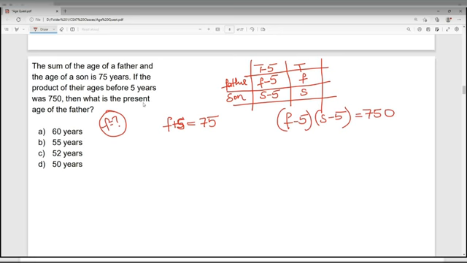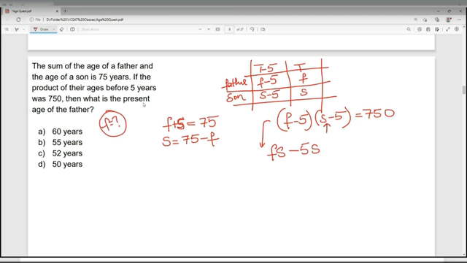So what we can do is, instead of s we can substitute. From here we can say s is equal to 75 minus f. So you would get a quadratic equation in f, or you can directly multiply this. For example, here if you multiply, it becomes f into s minus 5s.